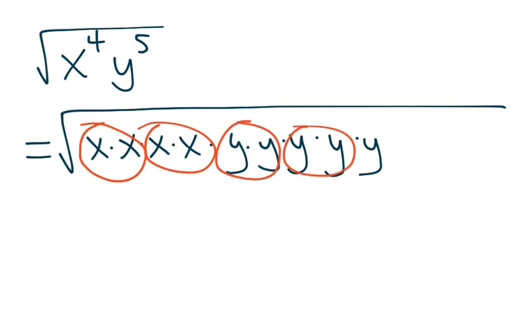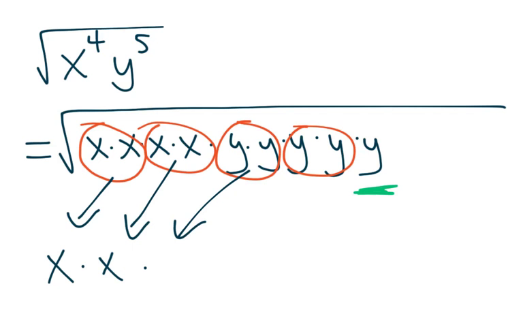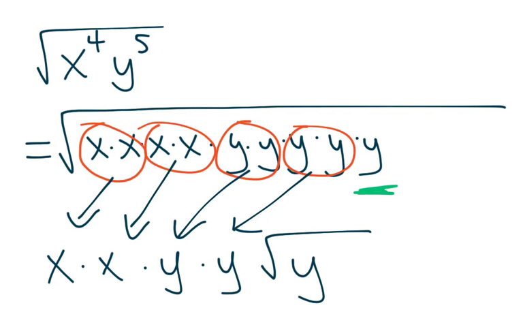The only thing that's going to be left in the house is this y. Everything else will come out. So I'm going to have an x times an x times a y times a y, and then I'm going to keep that y in the house. So notice I have x times y, square roots of y.